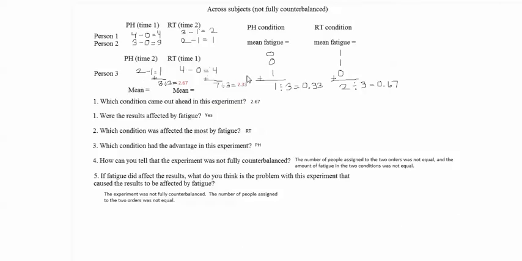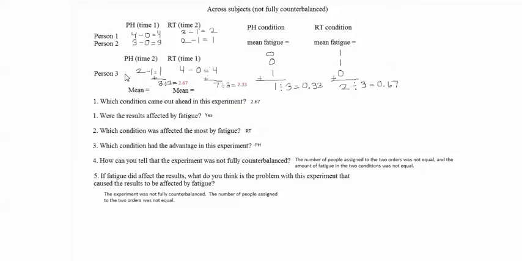Here's the next page. Here we're doing counterbalancing with the within subjects design, but it's not fully counterbalanced because 2 people are getting pH at time 1 and RT at time 2, but only one person is getting RT at time 1 followed by pH at time 2.